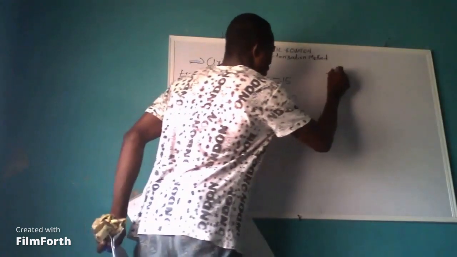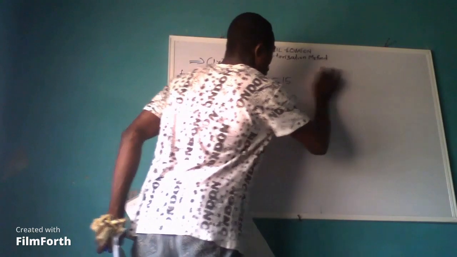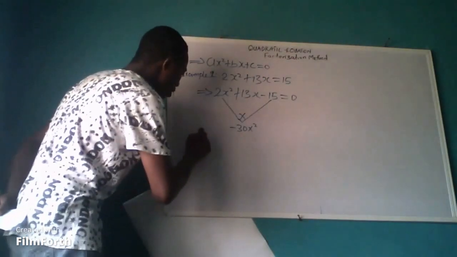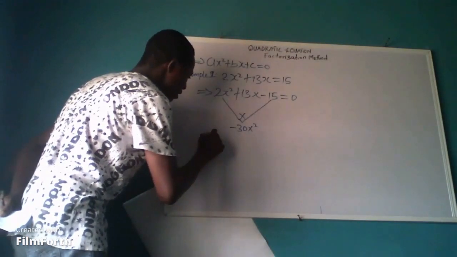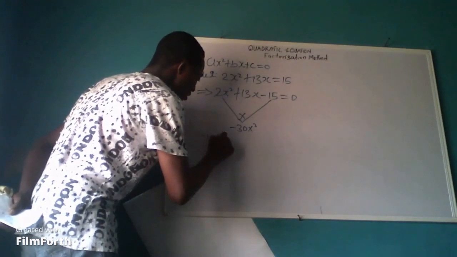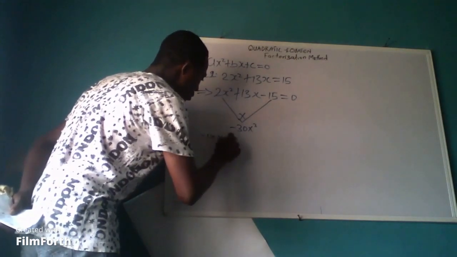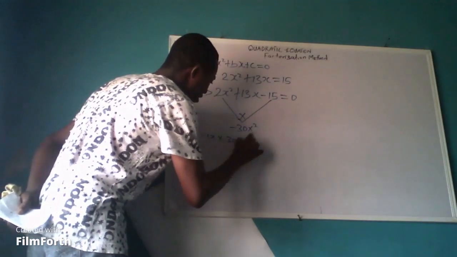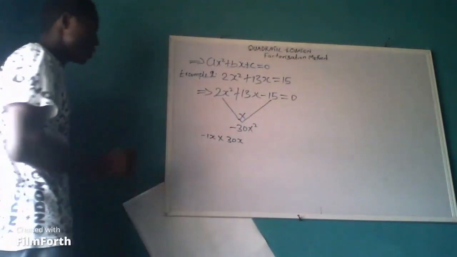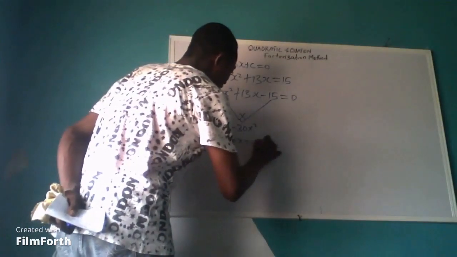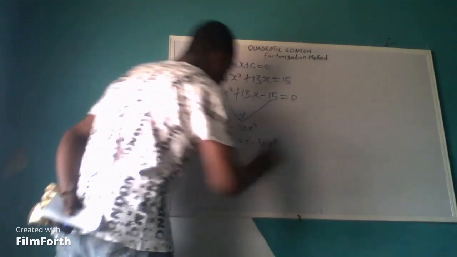Let's write it. Minus 1x times 30x can give you minus 30x squared.